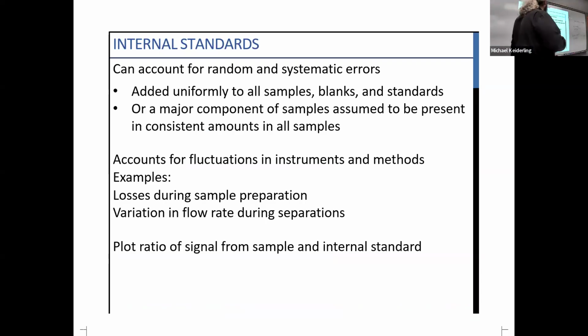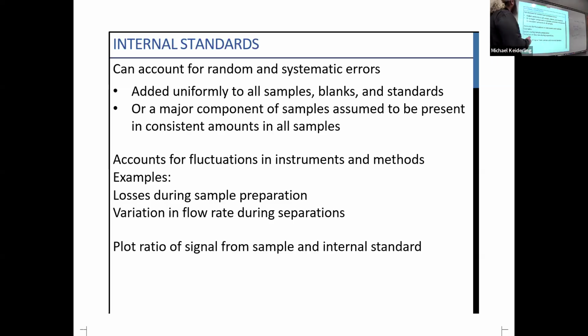Internal standards help account for both random and systematic errors. You add uniformly some known concentration of another material to all of the samples, blanks, and standards, or it's some major component of all samples that's assumed to be present in consistent amounts. I think our NMR actually does something similar to that, where you put in some information about the solvent, and you can use that as a bit of a reference to stabilize fluctuations.